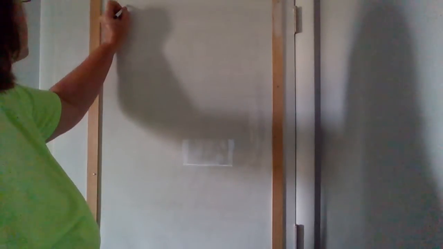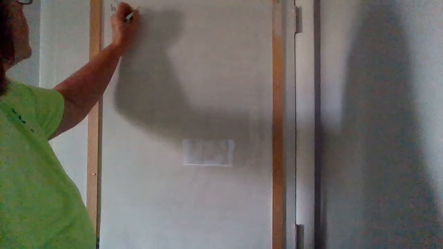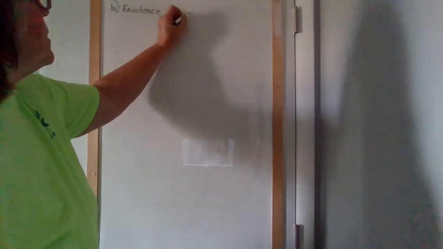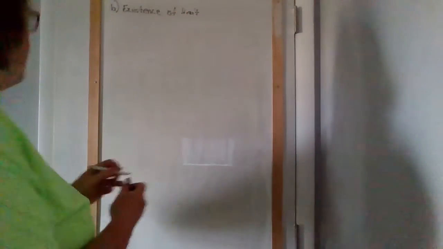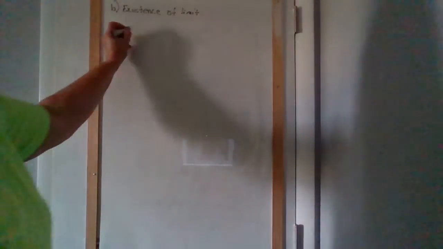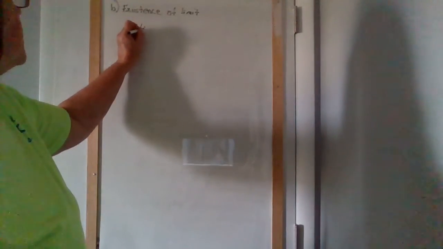So again, we're still asking the question about differentiability. And this time you're in the section where you're going to check for the existence of a limit. And so therefore, in our example, where it asks, is this function differentiable?